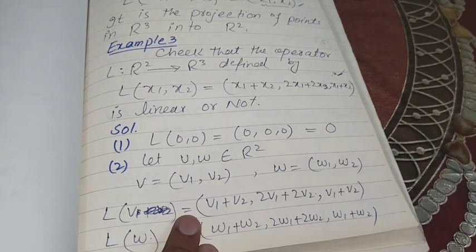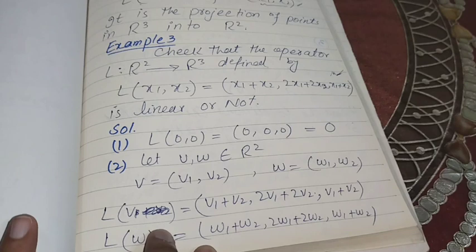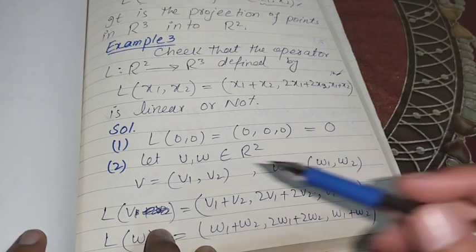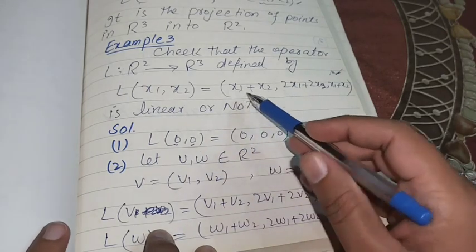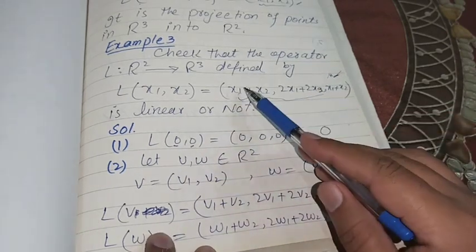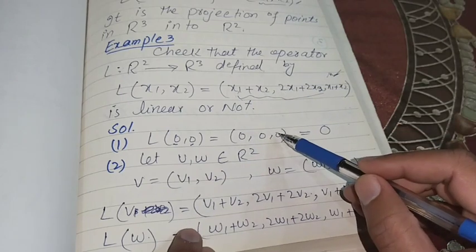So first we will check the zero condition, and we know that every linear mapping takes the zero vector into the zero vector. So first we check this one, and when you substitute x1 and x2 equal to 0 in this mapping, you will easily get all the elements of this mapping as 0.